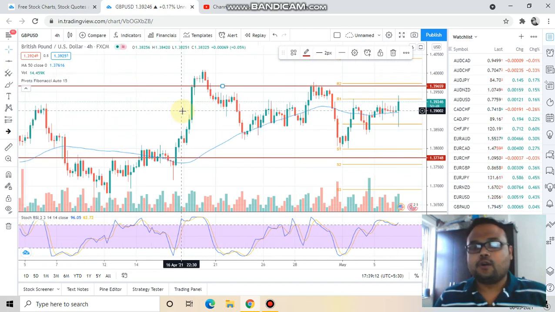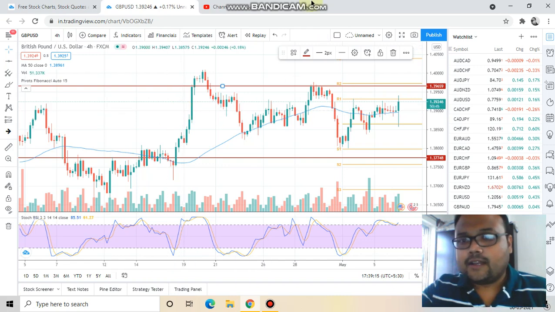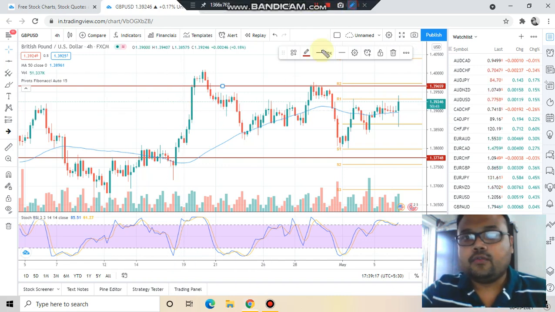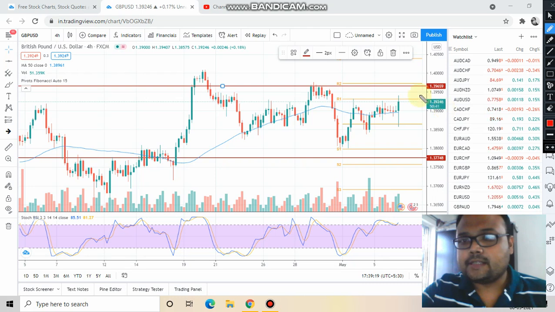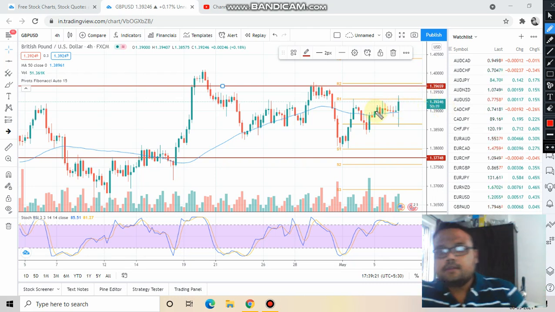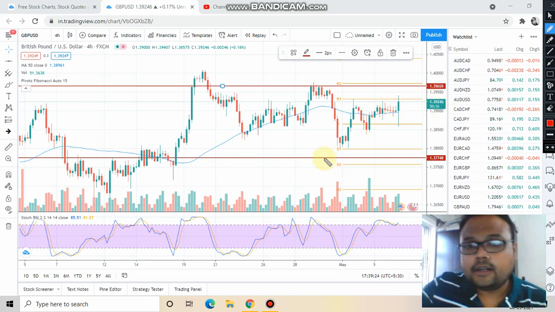Now see, this is the 4 hours time frame, and right now market is trading at 1.3924. This is the current market price. So we have got the support and resistance from the weekly chart.